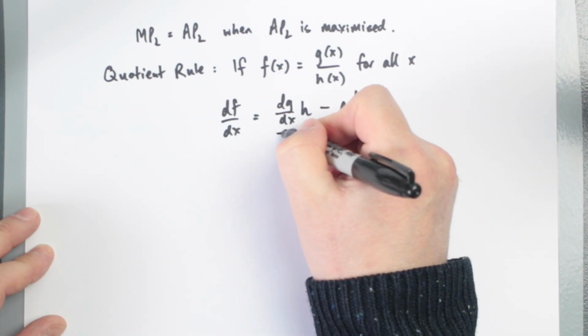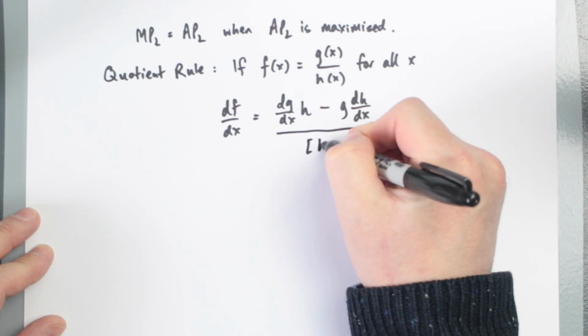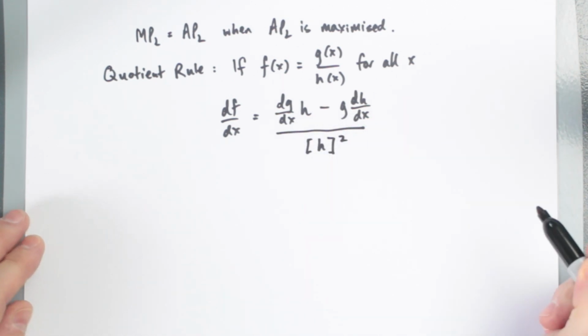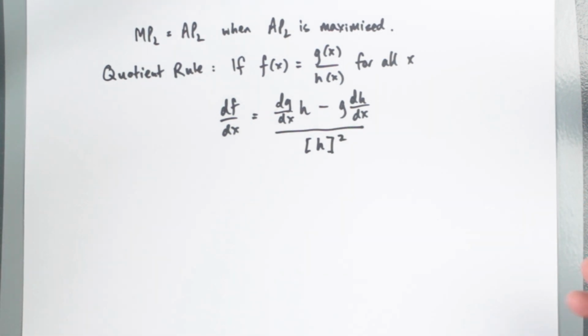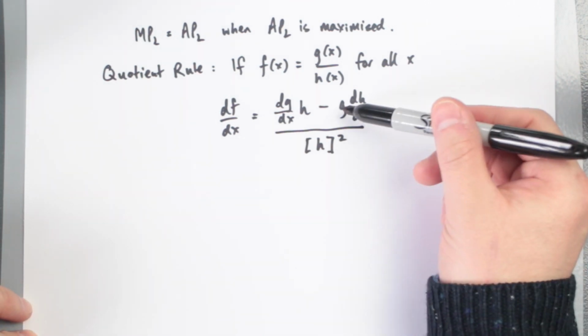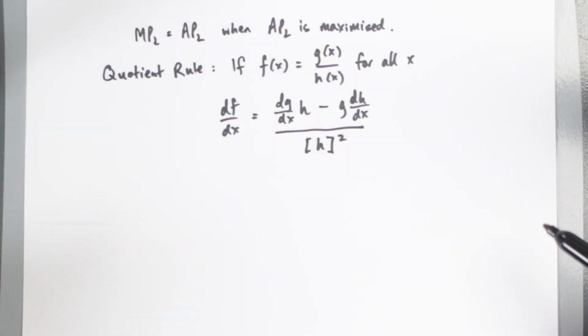And then I take all of this and I divide it by h squared. Okay, so this is something I expect that you've seen. It's similar to the product rule, which you should also revise, but with this little extra, the minus sign, and then the dividing by h squared is the little twist for the quotients.